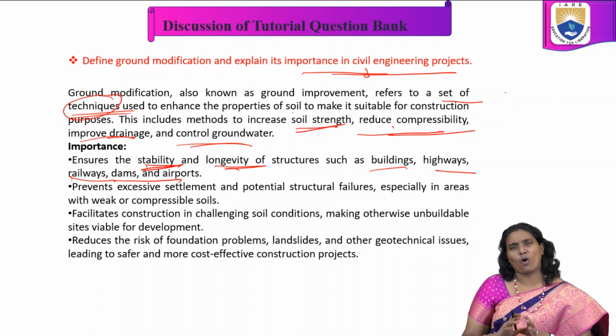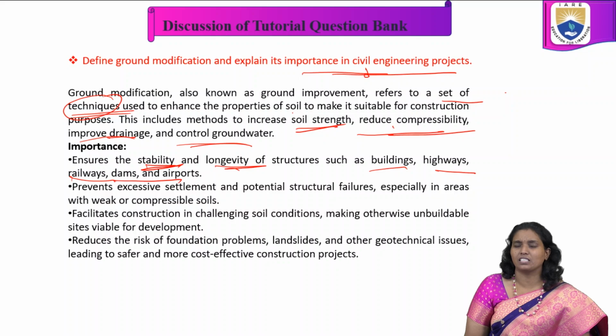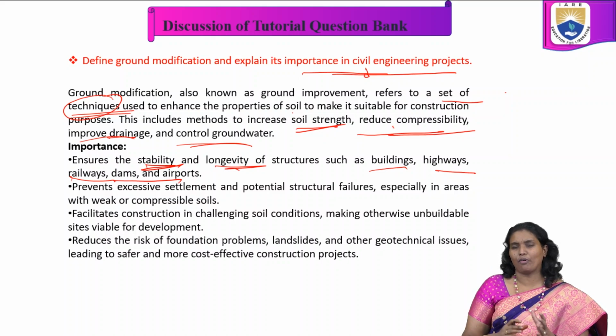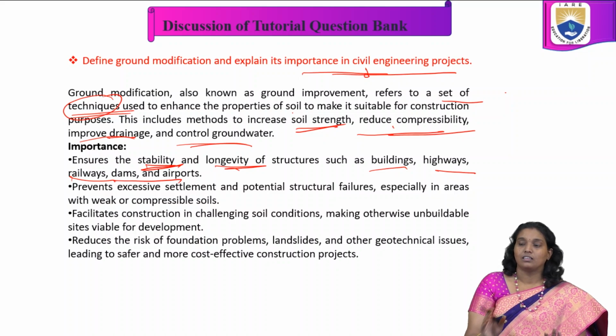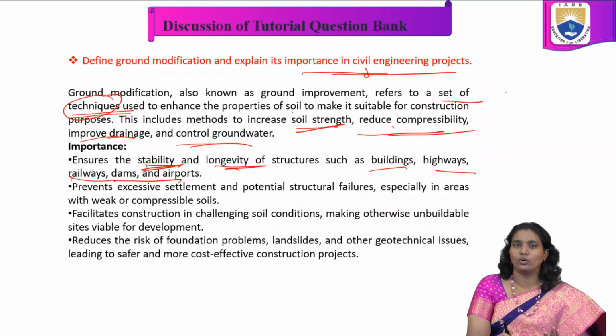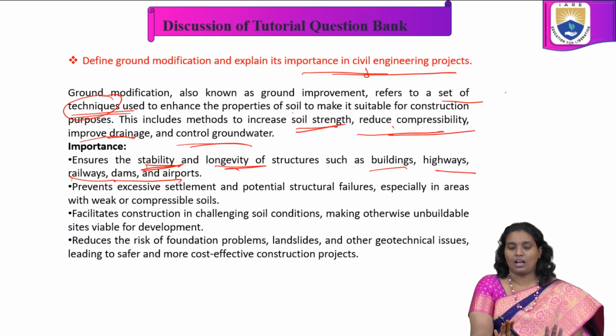It may be involved in whatever construction we are doing. This ground modification is important. But which type of property we are going to enhance or modify for the soil, and for which condition, is very important to understand and reflect in the answer sheet.